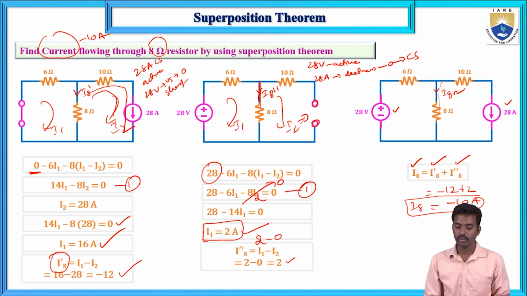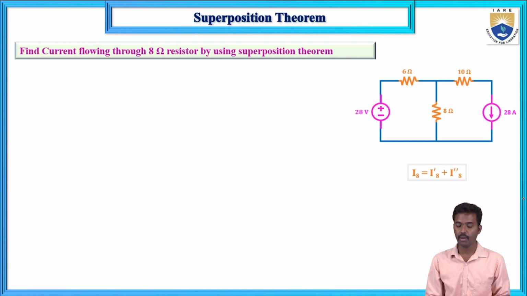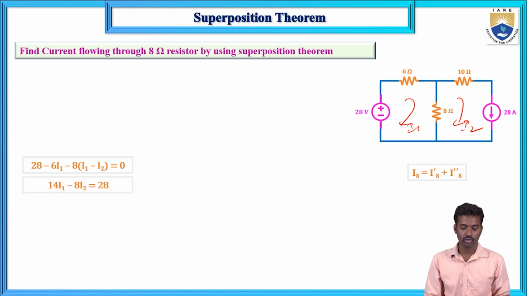Now verification means when two sources are active, apply mesh analysis. You will get the same value, minus 10 amperes. So in that case, same 28, 6 into I1, this is I1 and this is I2, equals 28, and 8 into I1 minus I2, so 14 I1 minus 8 I2 equals 28, that is equation number 1, and the second equation is I2, this is equation number 2.